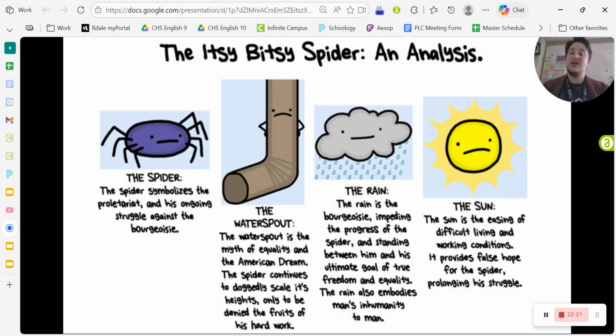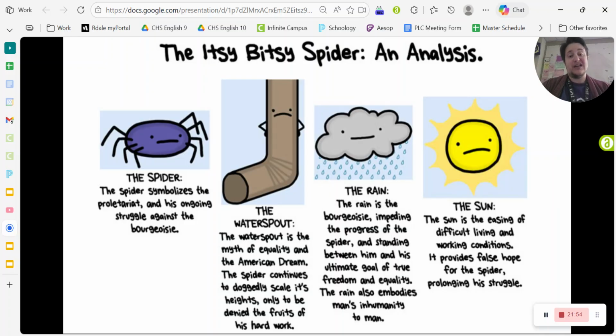If we do so, the spider represents the proletariat. It is the powerless common folk that's trying to climb up the water spout and improve its life. The water spout, therefore, can be seen as a metaphor or a symbol for the American dream, this idea that even a lowly spider can work hard by climbing their way up and achieve something great.